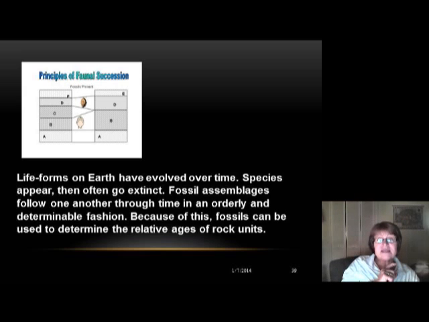You have to understand that the life forms on Earth have evolved over time, and that species appear, then often go extinct, and fossil assemblages follow one another through time in an orderly and determinable fashion.